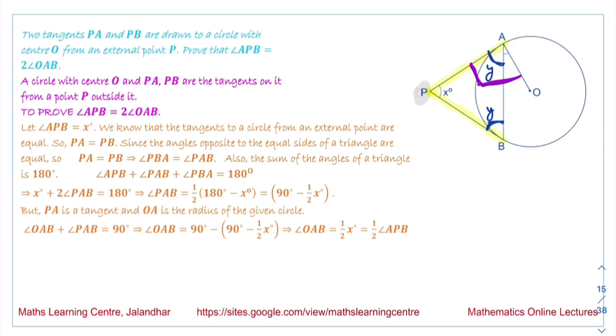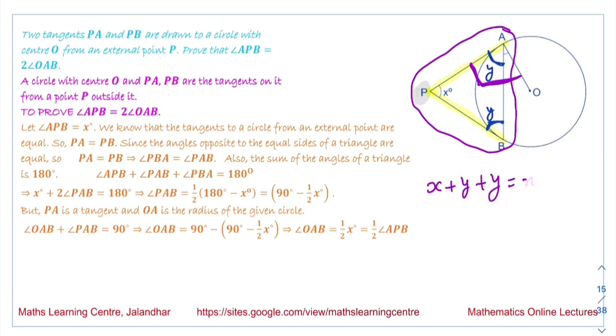So from the triangle APB, we have x plus 2y equal to 180 degrees. And the second thing we have is y plus angle OAB equal to 90 degrees.